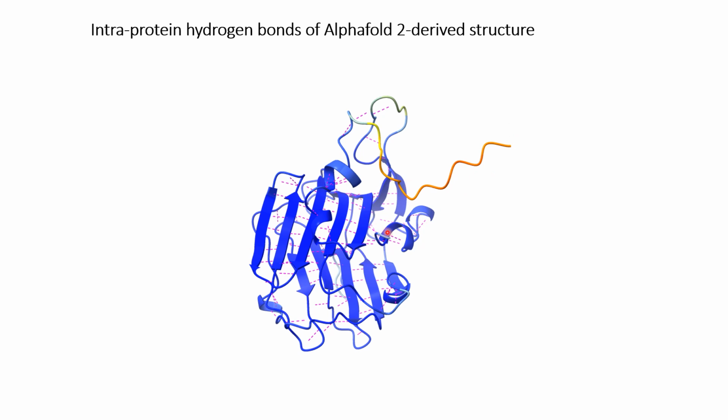So this figure represents the hydrogen bonds which are formed within the protein. A total of 182 intraprotein hydrogen bonds were found analyzing with Chimera, which is a molecular visualization software, and among them 152 hydrogen bonds were strong. The hydrogen bonds on the loop were longer compared to the hydrogen bonds within the beta sheets.